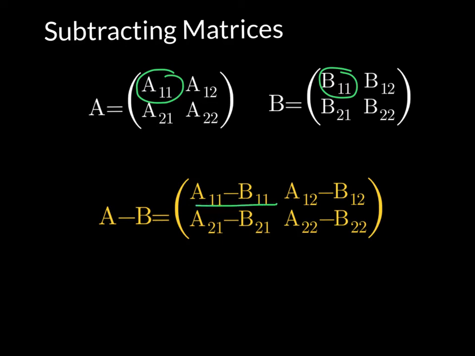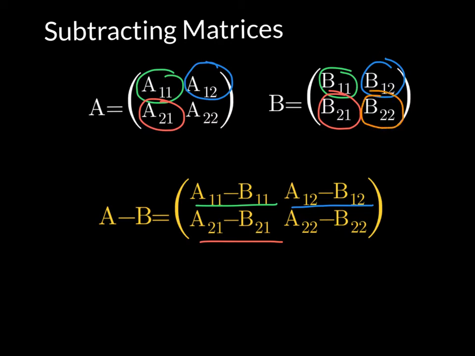The element B12 is subtracted from the element A12. The element B21 is subtracted from the element A21. And then finally, the element B22 is subtracted from the element A22.